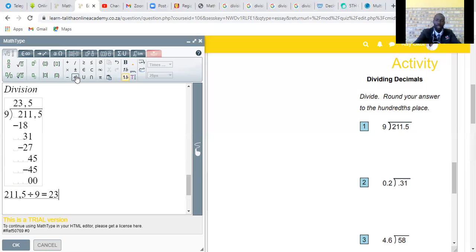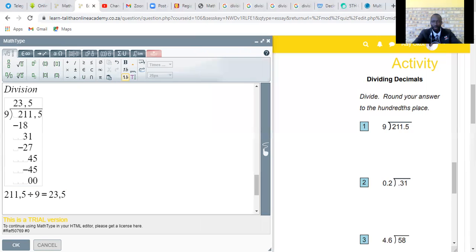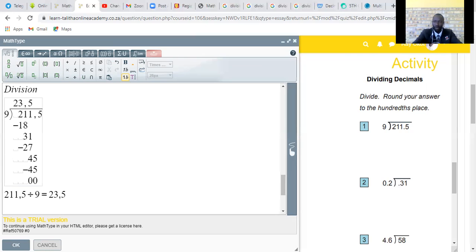So just really quick to get through, we had already been given this. We already have this given to us: 211.5 and this 9. So we have to divide 211.5 by 9.